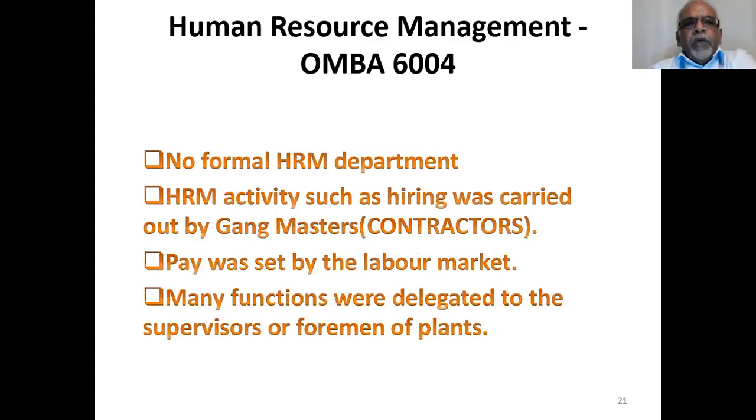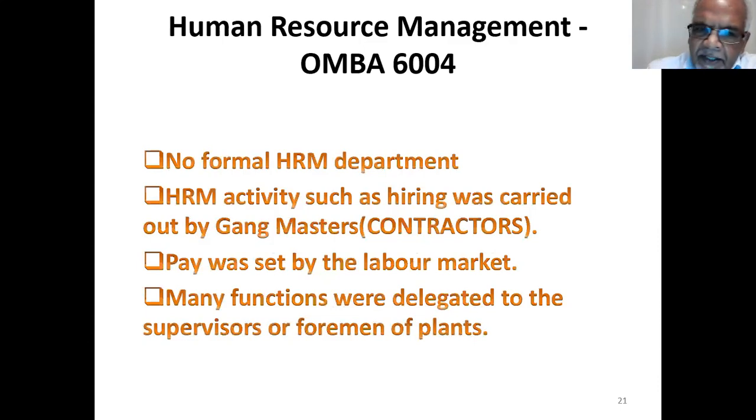Now, if we take a look at how the system of employment relations was organized in the past, especially during the days of the Industrial Revolution, we see that there was no formal HRM department. The HRM activity, such as hiring, was carried out by gangmasters, that is, job contractors.